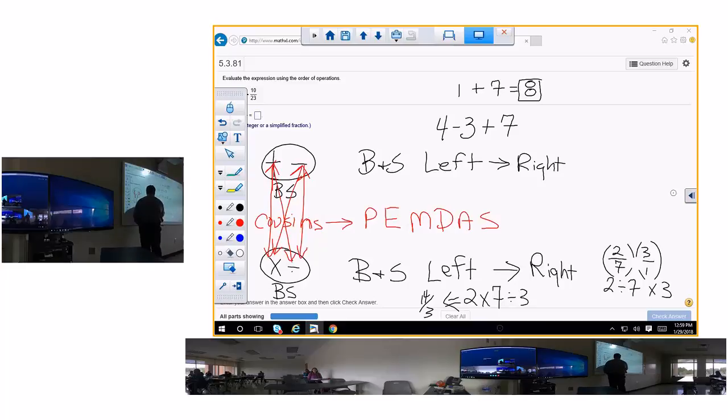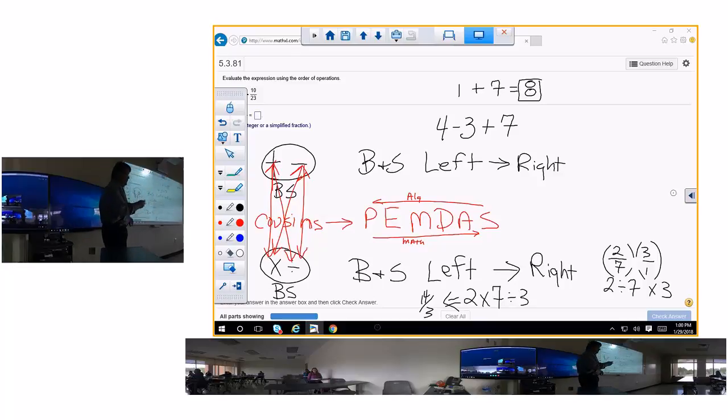Okay? Mathematics, you go this way. Algebra, you go this way. We're in mathematics right now, so we go left to right.